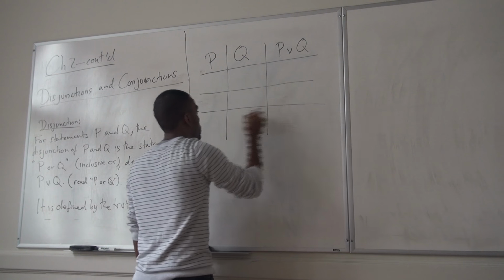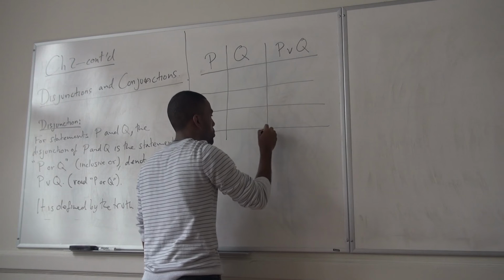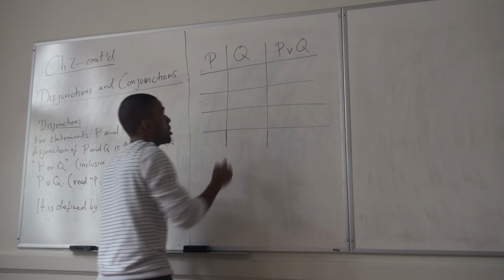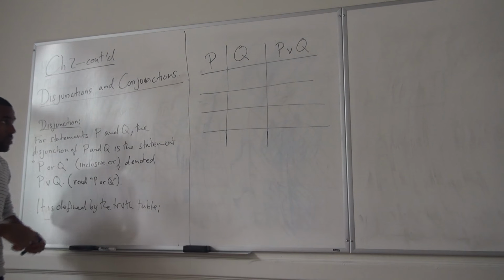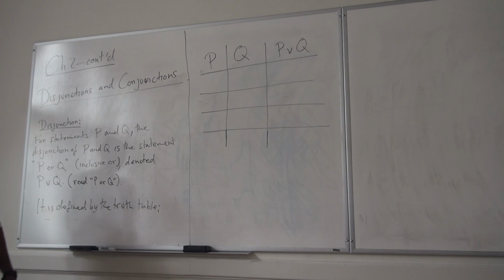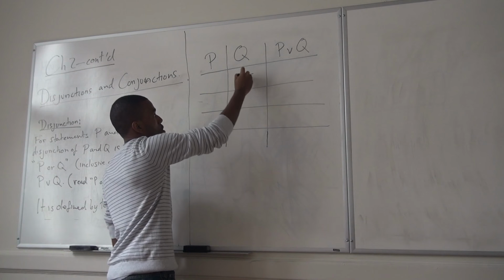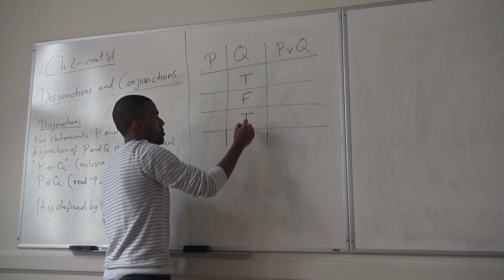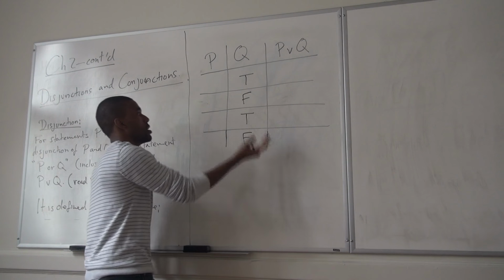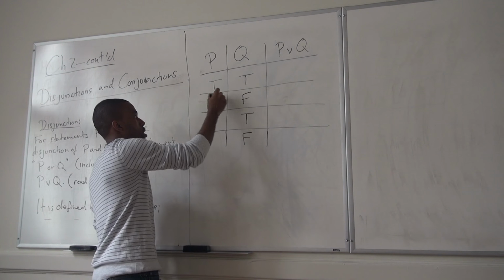First thing we want to do is figure out all possible combinations of truth values for P and Q. We'll use a binary system to set these up, meaning here you skip every one time between true and false, and the next time you step over, you skip every 2 times.